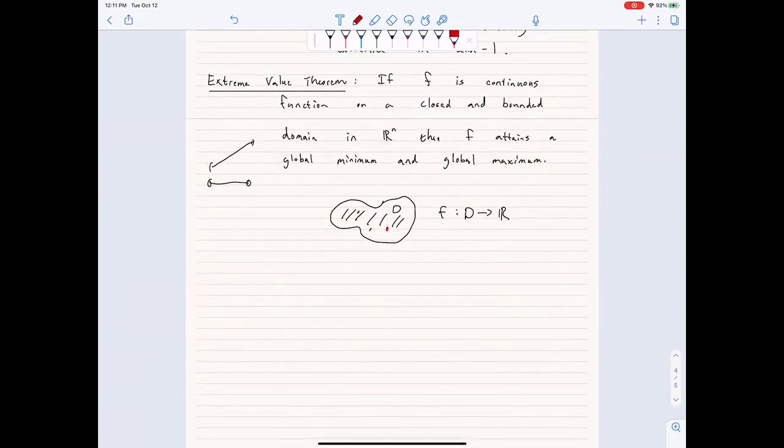But now we have to look at the boundary. And the boundary is now 1-dimensional. So how do we extremize on this 1-dimensional curve inside of 2 dimensions? Well, we parametrize the curve. That's the first way we can do this. So we find a parametrization, r(t), sending us to the boundary.